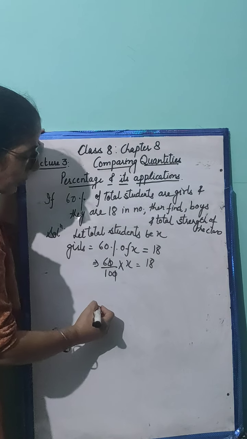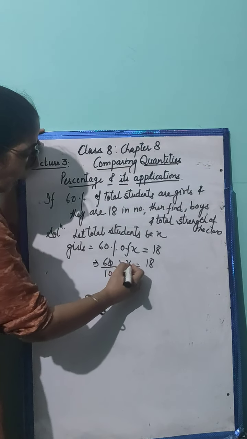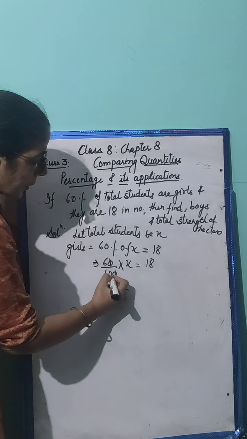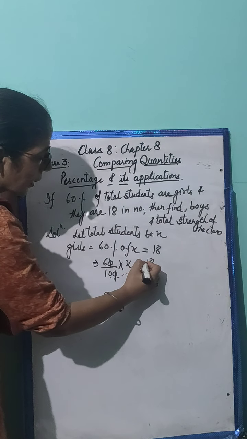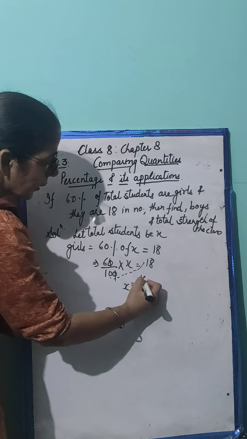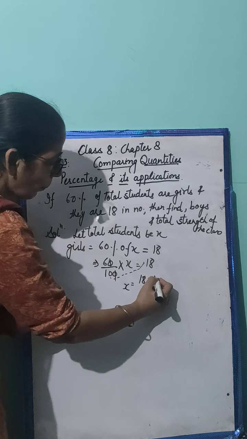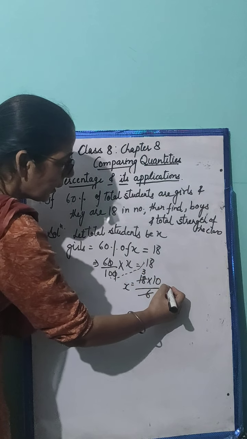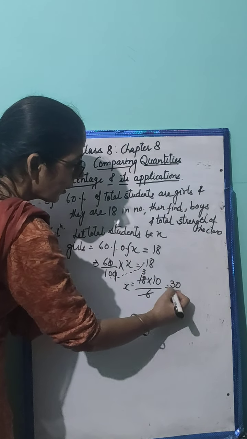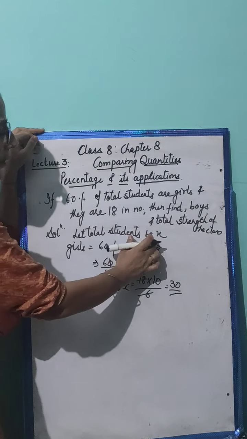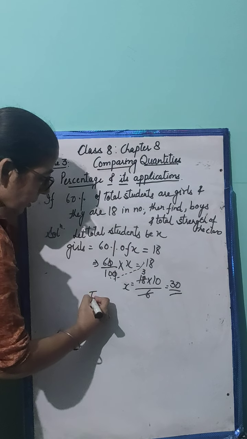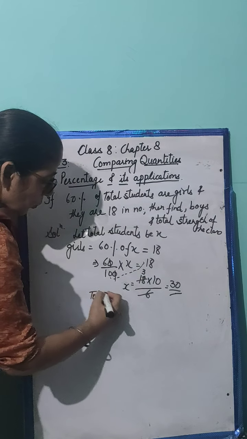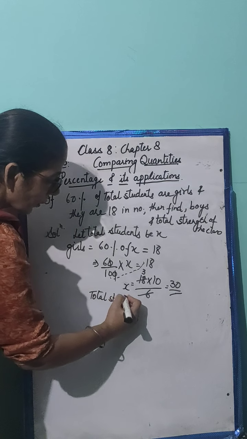So 10 cancels with 10, and I have to find X. So 18 into 10 upon 6. 6 3s are 18, 3 10s are 30. This X is the total students. So total students are 30.